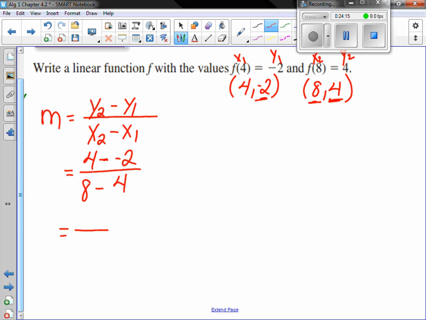Well, on top, a negative and a negative would make a positive. So 4 plus 2 is 6. 8 minus 4 is 4. And 6 divided by 4 would simplify to 3/2. So the slope for this here is 3/2.